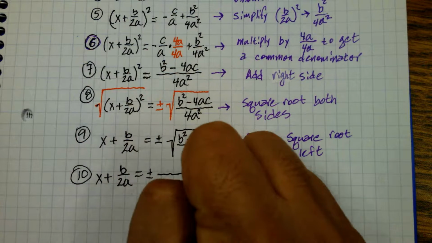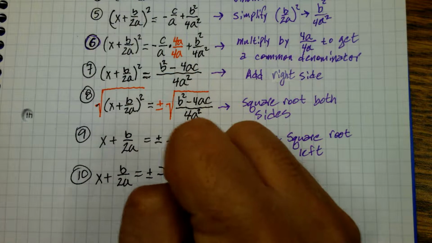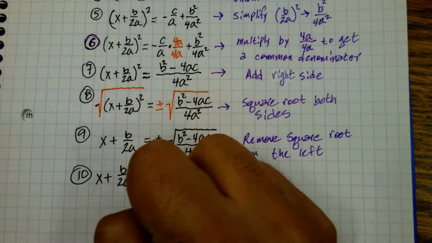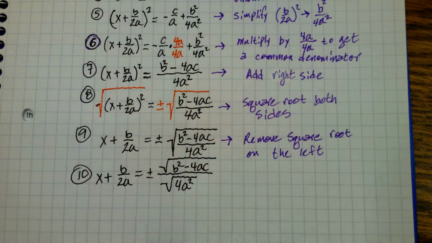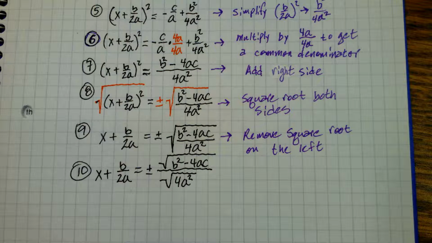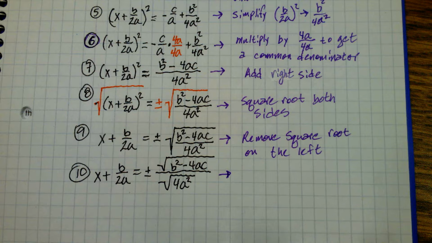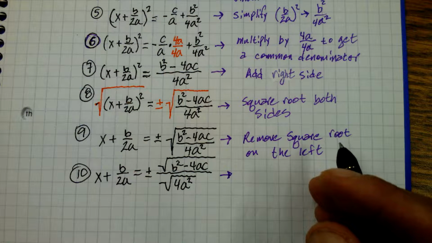And then we have a square root for the numerator, and a square root for the denominator. There it is. So all we did is split it up into two square roots for the numerator and denominator. This is how thorough you have to be when you're proving something.